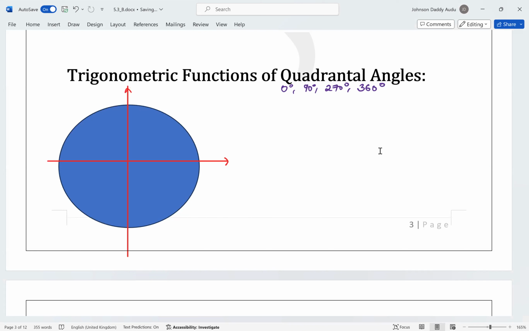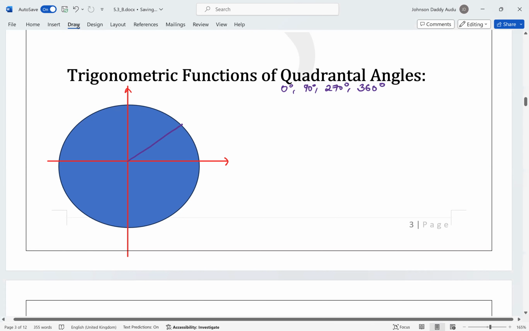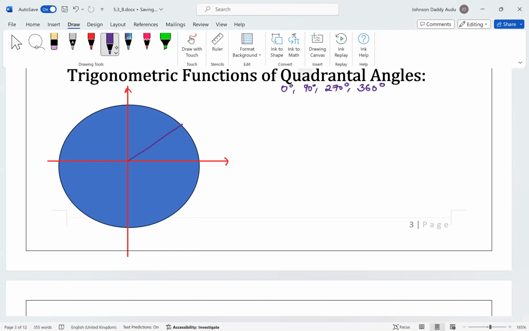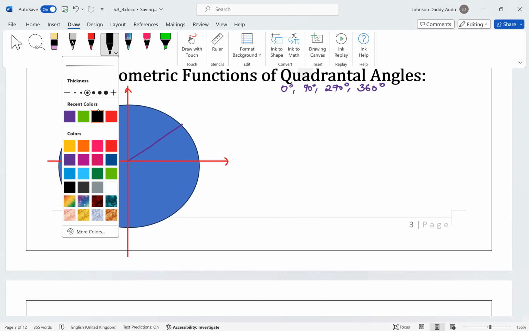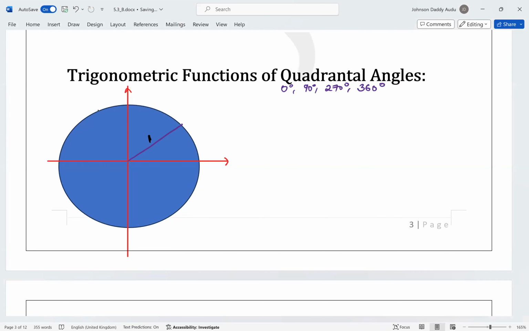values of these angles. Here we'll consider a unit circle. When I say unit circle, I mean the radius is equal to 1. So with radius 1, it means also the distance from here to this point.